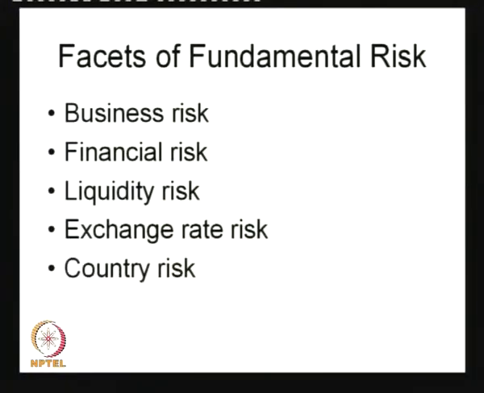Coming to the next one, we have something called country risk. Besides the fluctuation in the forex rate, even if I can buy the asset in a particular currency in both countries, one country may still be riskier to invest in than the other because of the political and economic conditions.